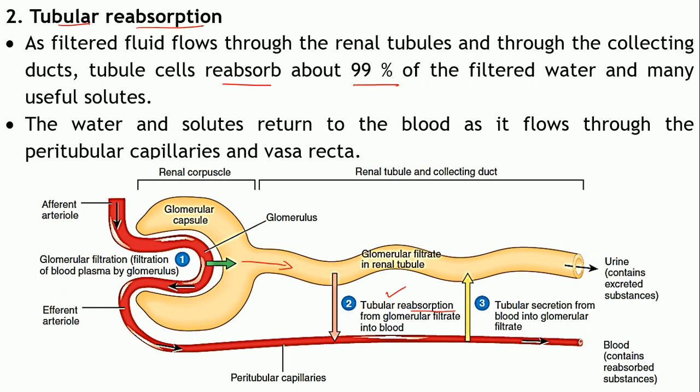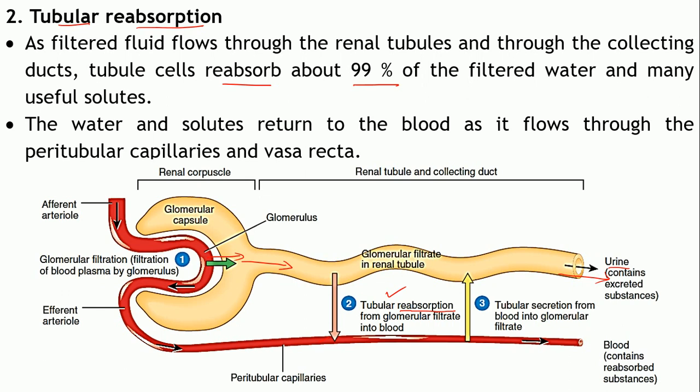Now here, why is this process known as reabsorption? That's because these particular solutes, which might have been absorbed earlier, are getting filtered over here, and rather than getting excreted out in the form of urine, they are re-entering your blood circulation.